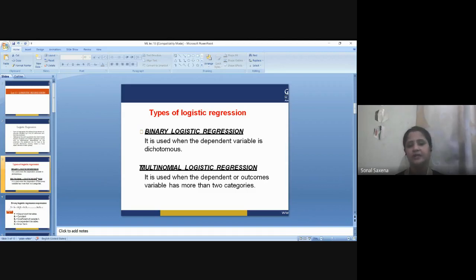And there could be a scenario where multiple or multinomial logistic regression is applied, where it uses dependent or outcome variables which have more than two categories. So these are the two types. But let me tell you, logistic regression is very popular among binary classifications where you have only two choices, right?